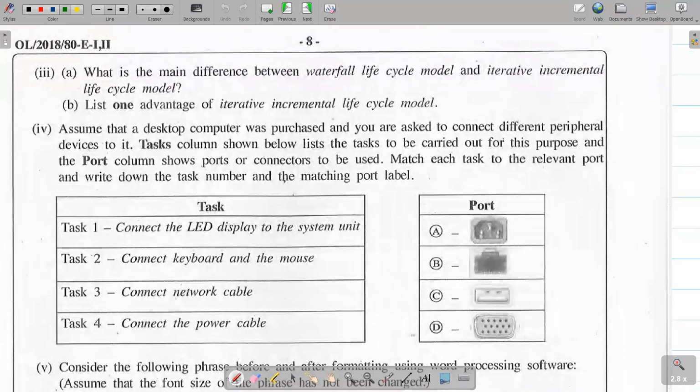So it's rather easy. Connect the LED display to the system unit, which is D. Connect keyboard and the mouse, which is C. Connect network cable, which is B. And connect the computer power cable, which is A.